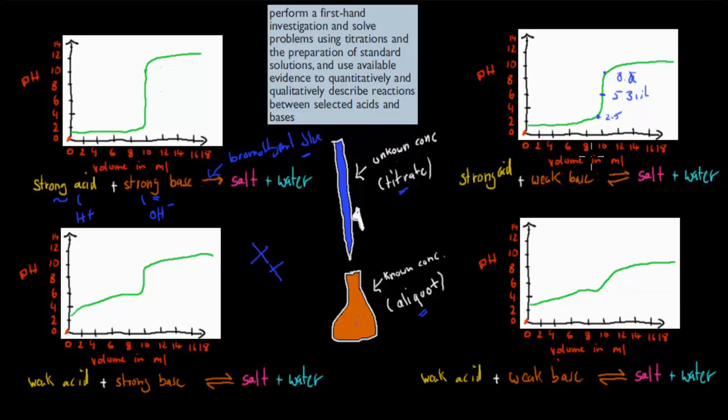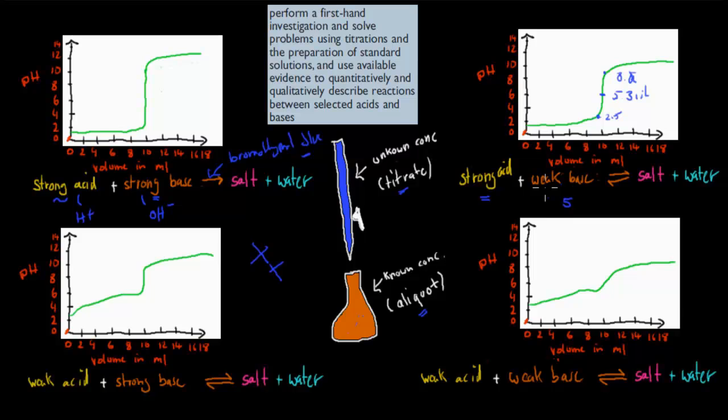The reason why that is, if you don't remember what happens when it comes to neutral, acidic, and basic salts, make sure to watch that video. In this case, we've got a strong acid, and that means we actually have some reverse reaction happening. Even when the strong acid and base have all reacted together, we'll still have some hydronium ions in the solution, which means we have a lower pH.